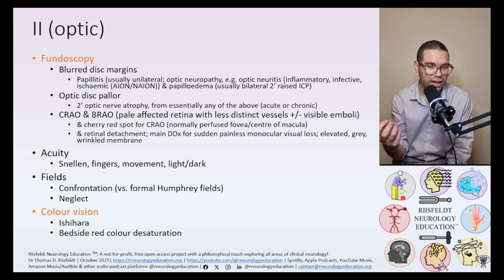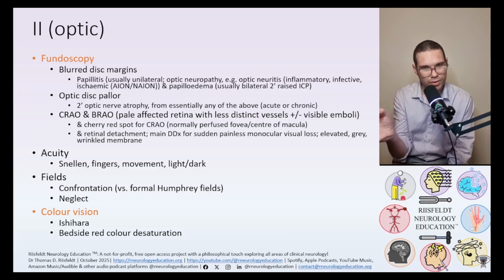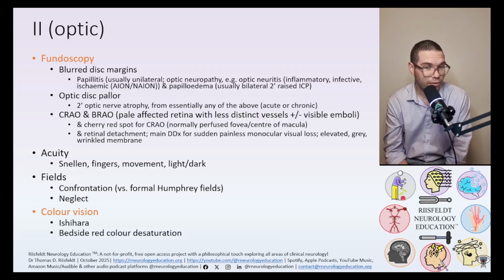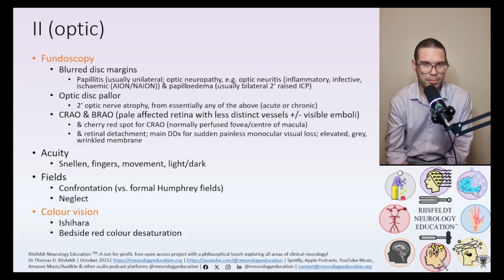And if you're lucky, you may see a visible embolus, such as, say, a cholesterol embolism or some form of atheroembolism in the retina. I can't say that I've ever confidently seen that. That's normally the ophthalmologist that says, oh, look, there's the embolism, but it's something to be aware of and something to look out for.